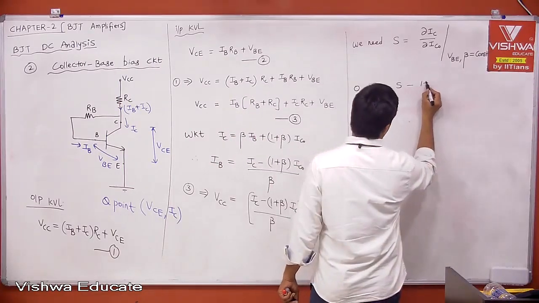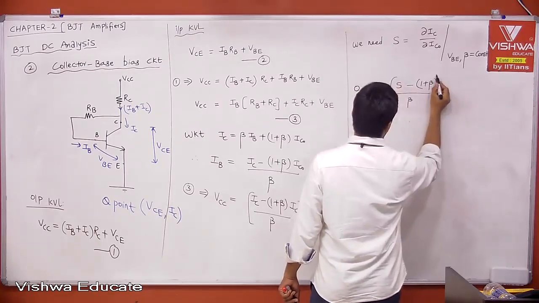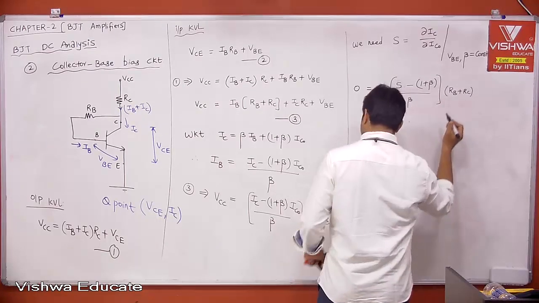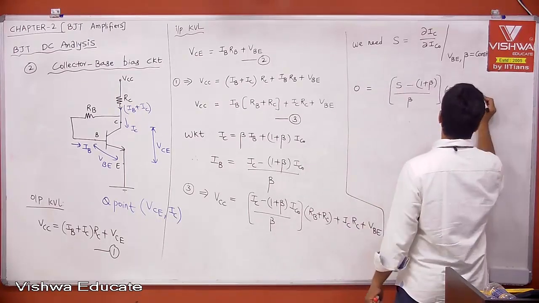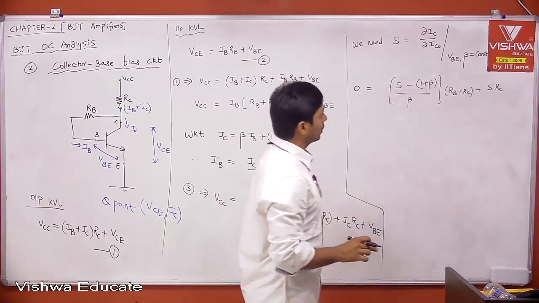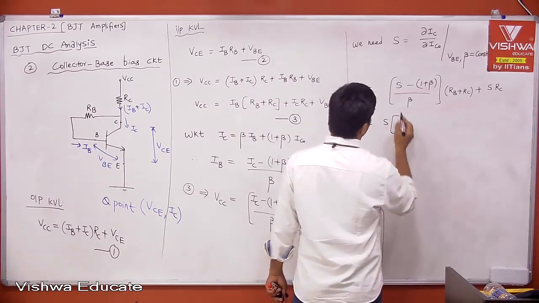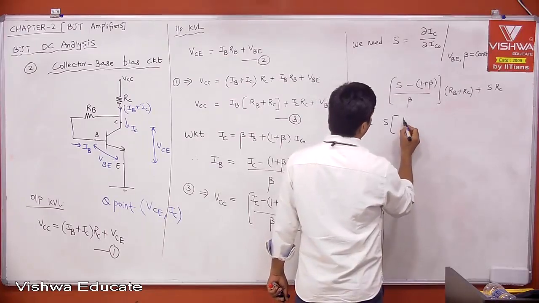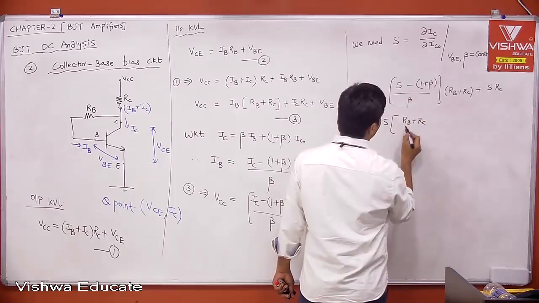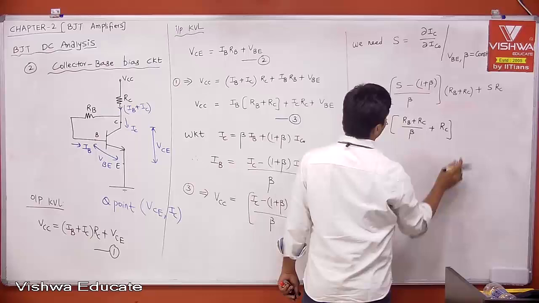Therefore, it is 1 plus beta divided by beta into RB plus RC, plus differentiation of IC with respect to IC naught, S only, plus S into RC plus 0, right? Therefore, can you take S common? 0 is equal to, if you take S common, what do you get? Here, what do you have? RB plus RC by beta. Then if you take S common here, you will get RC.